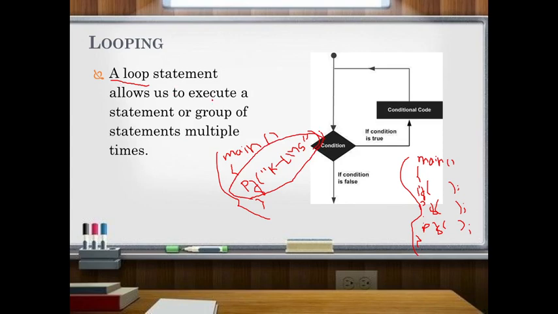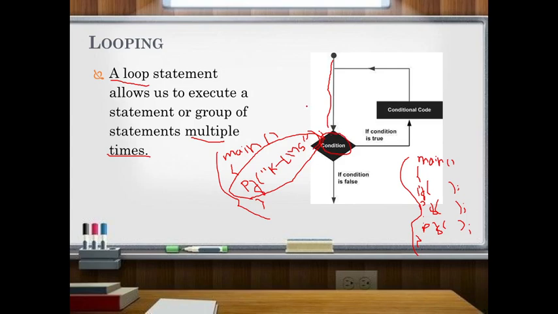A loop is a statement that allows us to execute a statement or a group of statements multiple times. Here we have a flow structure. You enter into the loop and test a condition.